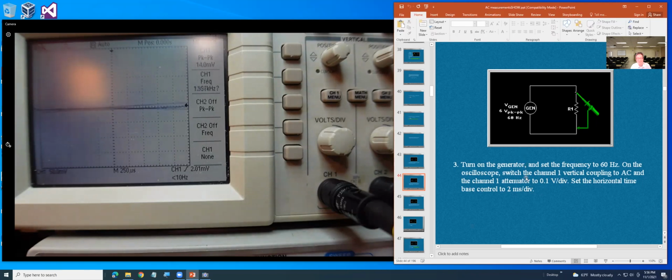So again, the setup for the oscilloscope we ignore. We just do what they want. And now we can go into the circuitry we'll be working on for today.